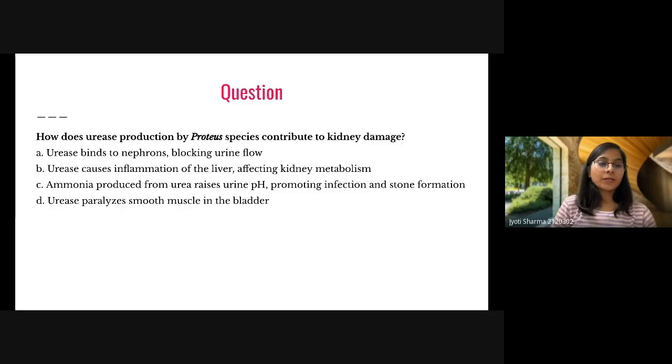And the four options are: A, urease binds to nephrons, blocking urine flow. B, urease causes inflammation of the liver, affecting kidney metabolism. C, ammonia produced from urea raises urine pH, promoting infection and stone formation. And D, urease paralyzes smooth muscle in the bladder.